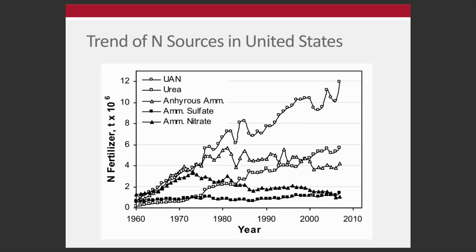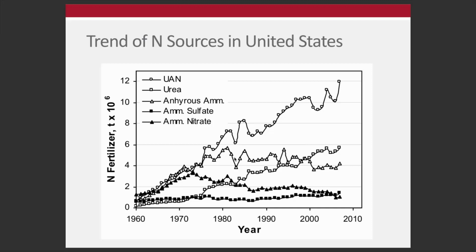Not huge sources of nitrogen. Then we move up and we've got urea as these open squares, and we can see urea has increased in popularity, really starting since the 80s. It's gone up and up.